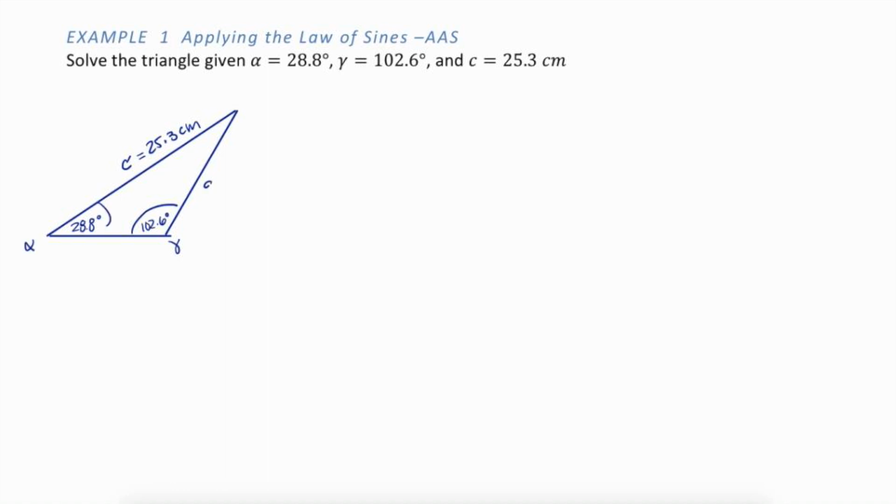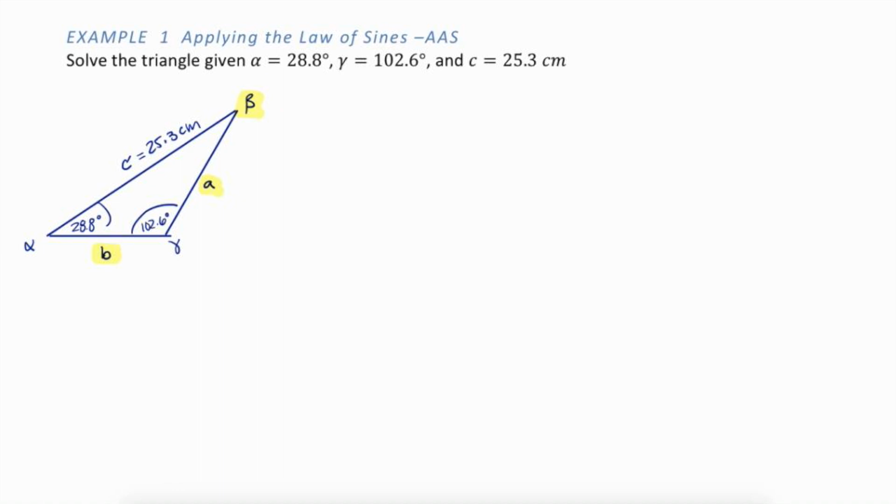So this must be side A. This must be angle beta, and this is side B. What do we not know? We do not know the length of side B. We do not know the length of side A. And we do not know the measure of angle beta. So those are the three pieces of information we're trying to find.